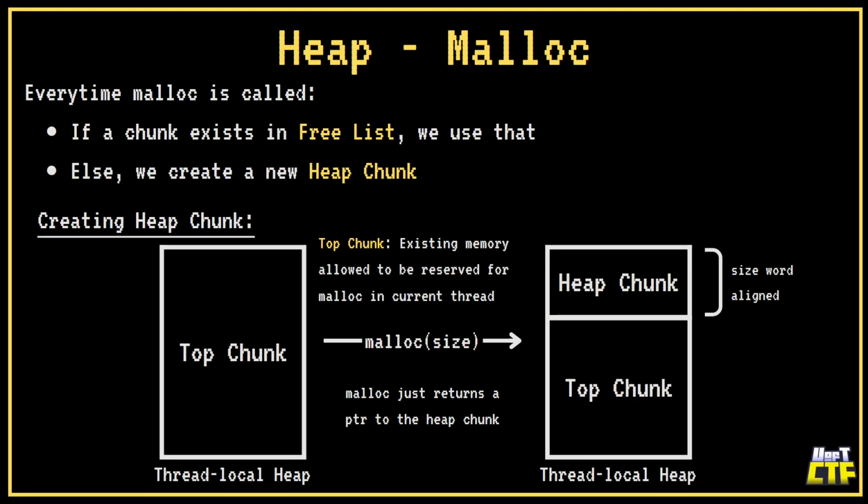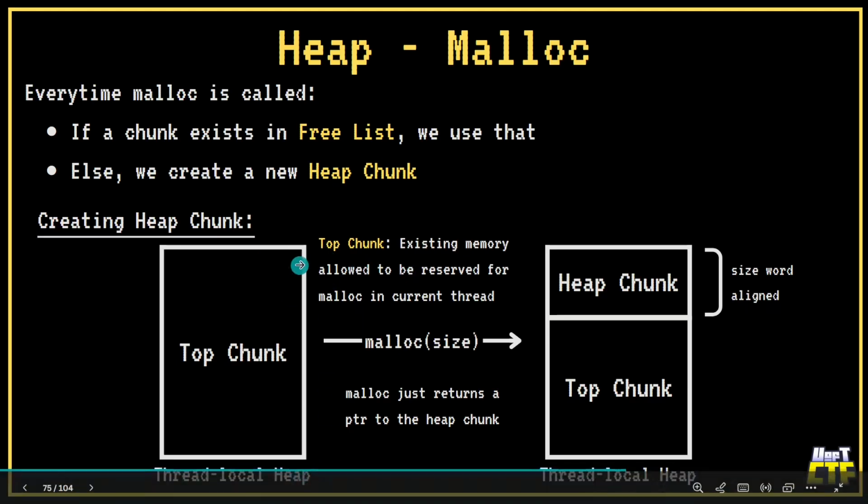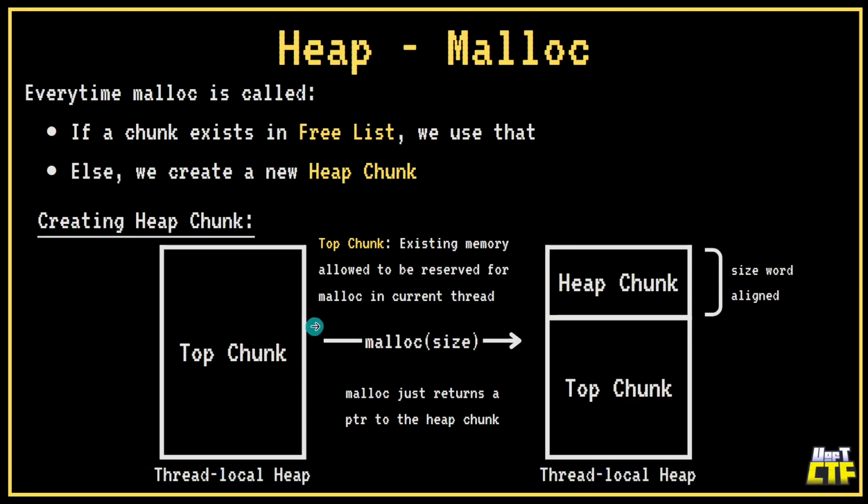Otherwise, you create a new heap chunk. In our program, we have all of the available memory that we can give as a chunk that is the entire size of the heap. When you create it, this is the entire size of the heap, by default 21,000 hex.